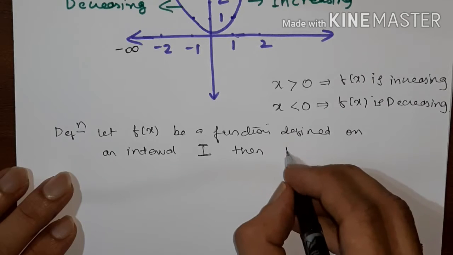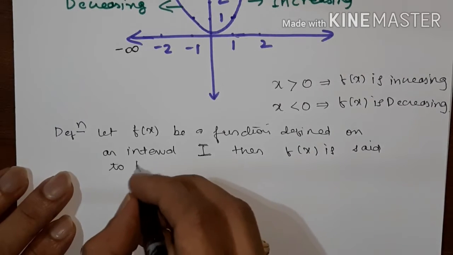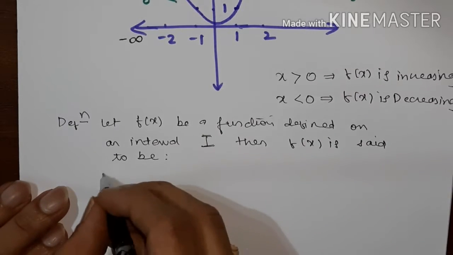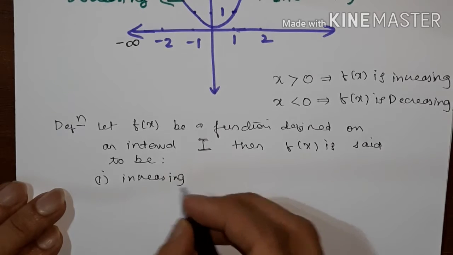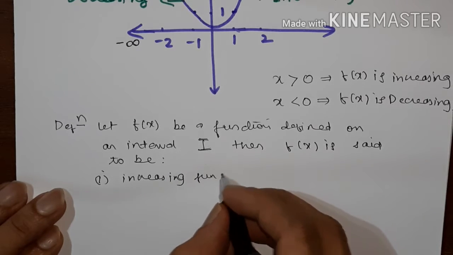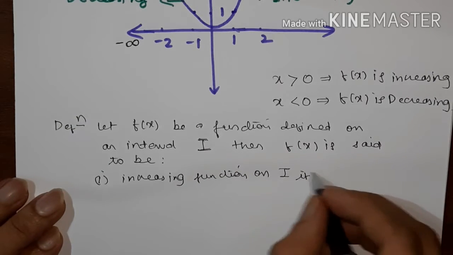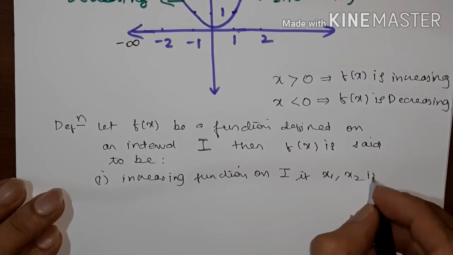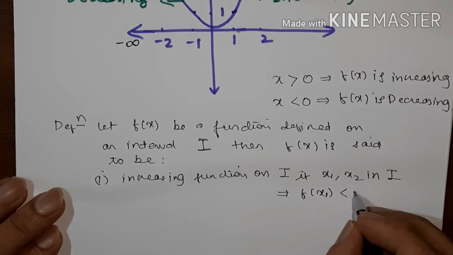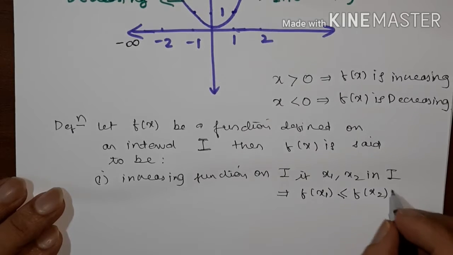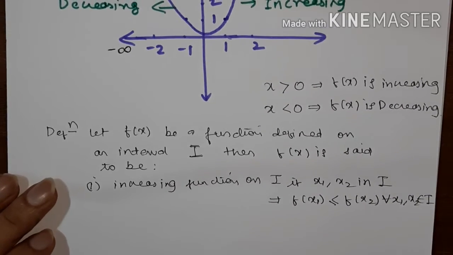Then f(x) is said to be an increasing function on the interval I if x1, x2 in the interval I, x1 less than x2 implies f(x1) is less than or equal to f(x2), for all x1, x2 belonging to the interval I.